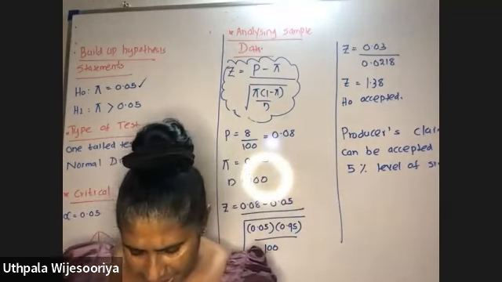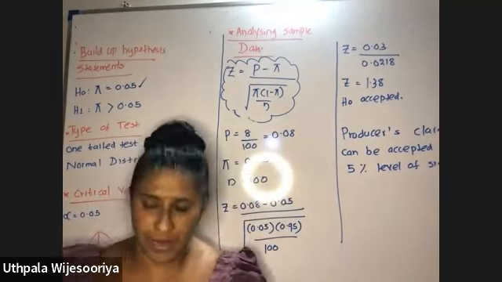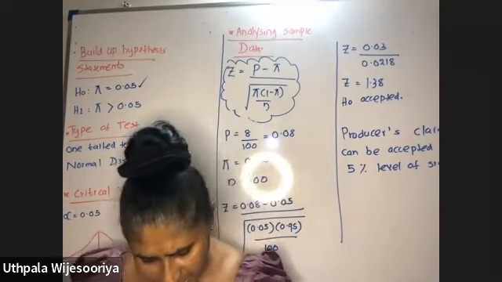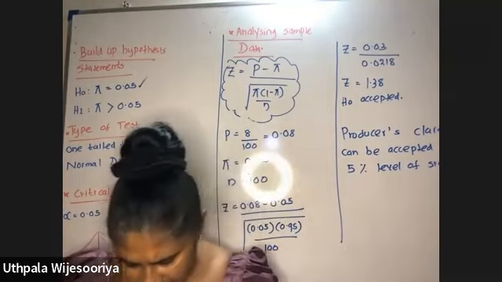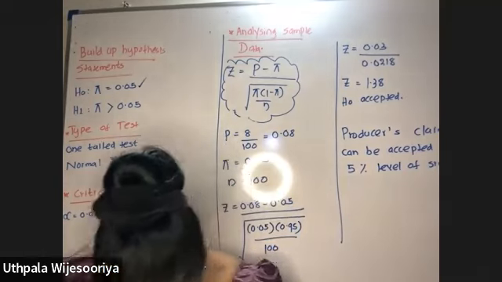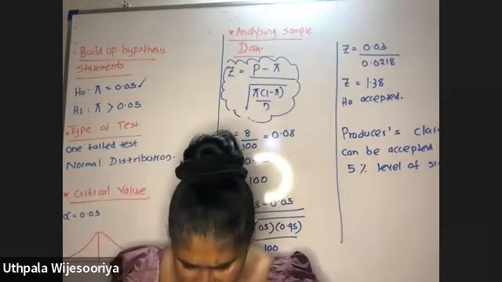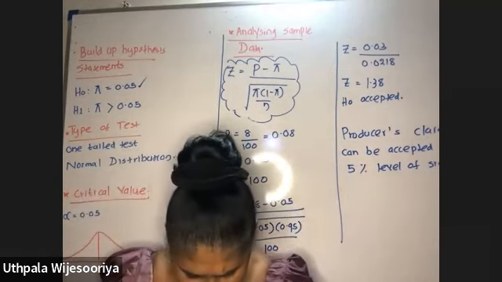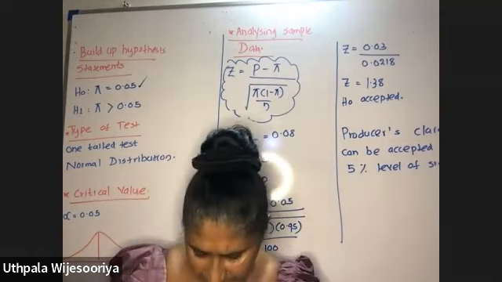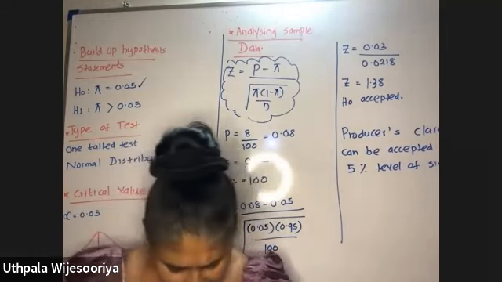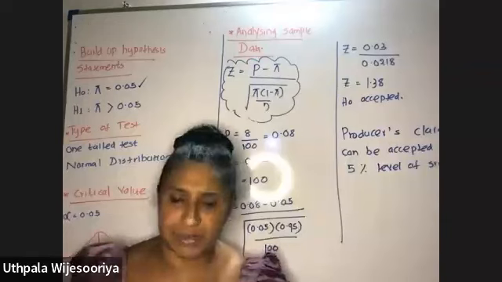Brand B mean is 18,480 with standard deviation 800 hours. Test whether the mean lifetime of these two brands of batteries is significant at 5%. Assume that the lifetime of batteries are normally distributed.